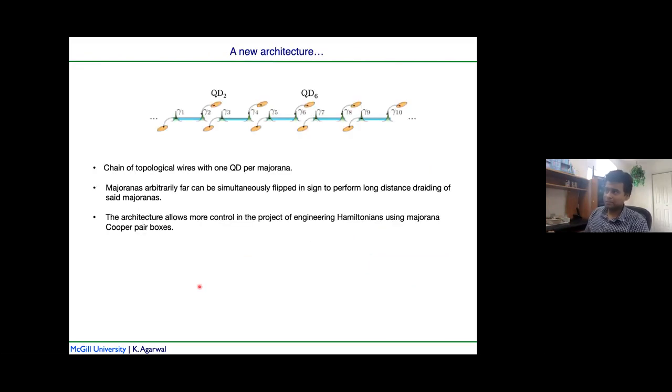All right. With this, I can propose a new architecture where I have multiple quantum wires, and I also have quantum dots associated with each, two quantum dots with each wire, one for each end Majorana. If I ever want to double braid, say, gamma 2 and gamma 6, all I need to do is turn on the quantum dots on those respective Majoranas, and that effectively flips their signs and performs this periodic double braiding of these two Majoranas.